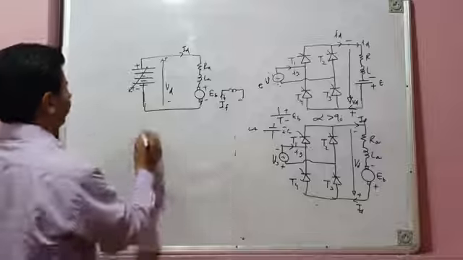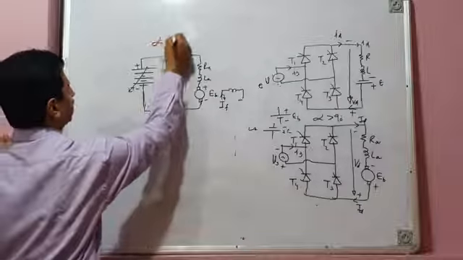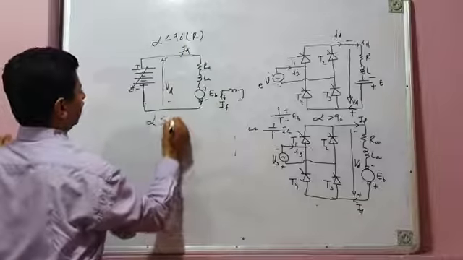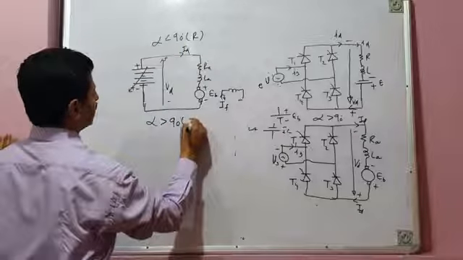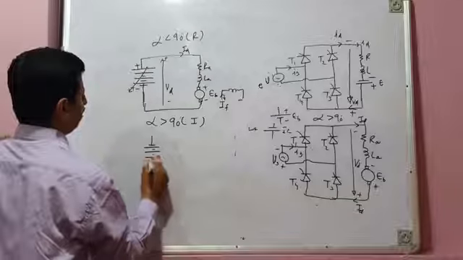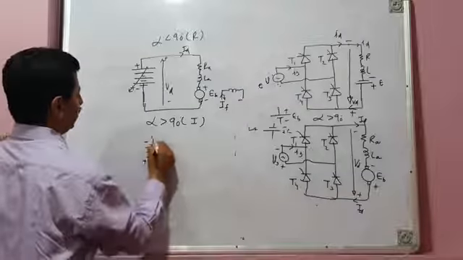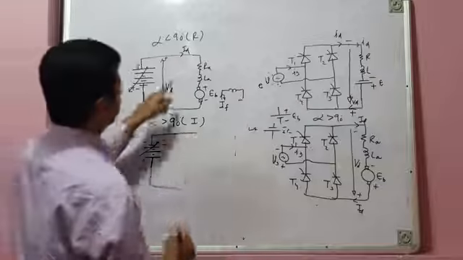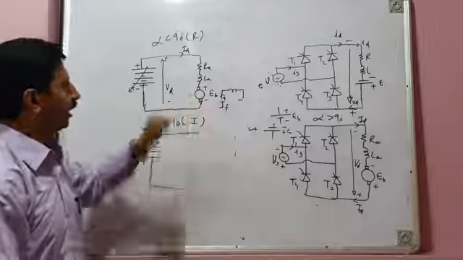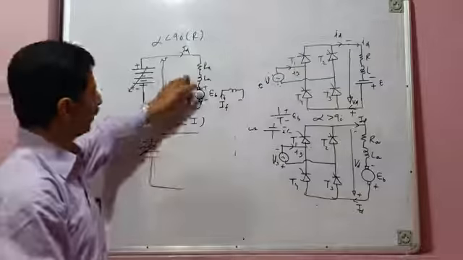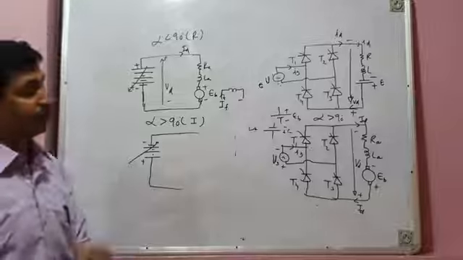Now, this is for alpha less than 90 degrees, rectification mode of operation. For alpha greater than 90 degrees, that means for inversion mode of operation, converter average output voltage should be negative. It should reverse its polarity. So your DC motor back EMF should also reverse its polarity. And how can you reverse the polarity of the DC motor? There are two ways.